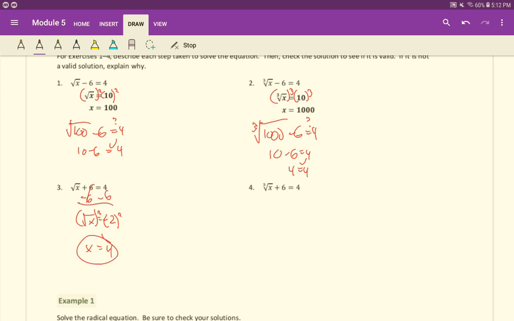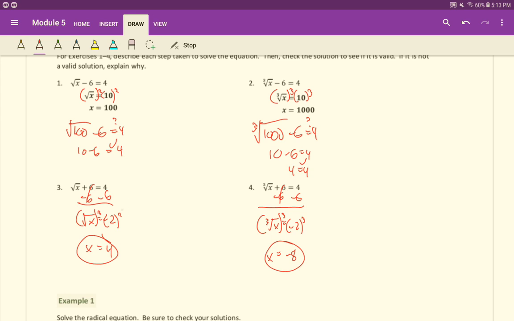Okay, number 4. Same thing: isolate the radical. So negative 2, cube both sides. You get x equals negative 8, since negative 2 cubed is negative 8. There's our answer.